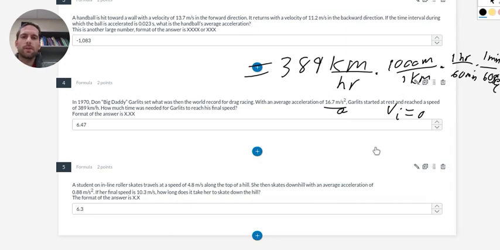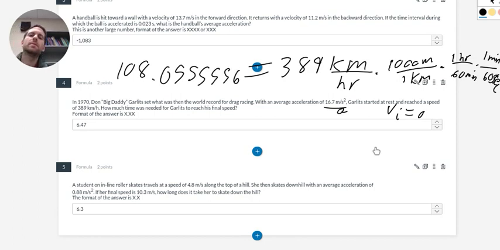So that's going to give some value, 389 times 1,000 divided by 60 times 60, which is 3,600. 108.055556. And the reason I'm keeping so many decimals is I don't want to make a mistake here, because sometimes if I round off early, I might make a little mistake and it could be off.